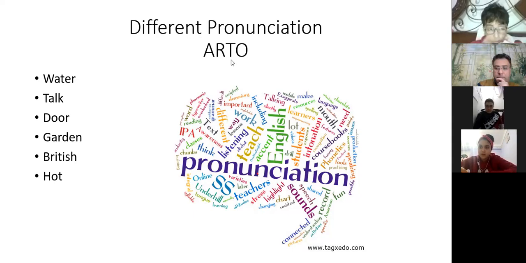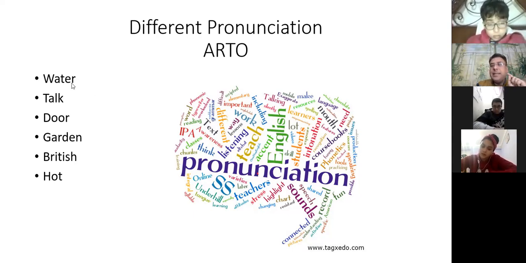And T. T in American is near to D, but in British it's the original T. For example, this word, water. In British, water. In American, water.